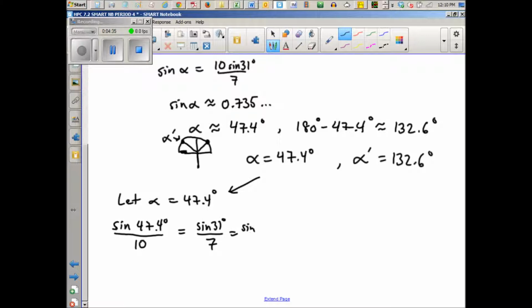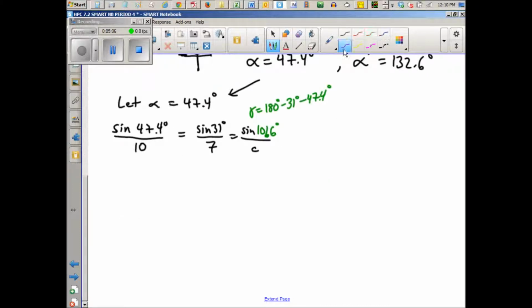And of course, your gamma angle, gamma is just going to be 180 minus the 31 minus the 47.4. So what's 180 minus 78.4? 101.6 right here, see? Okay, and now we can pursue this to get our C. So let's go ahead and take these two and cross multiply them.